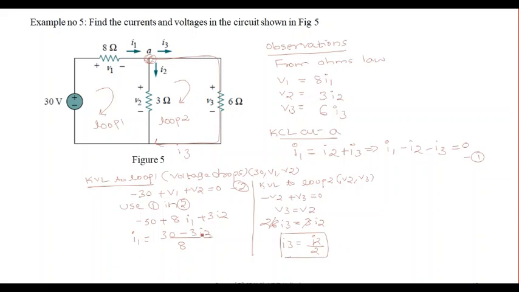Let me call this equation 3 and this one equation 4. Now using equations 3 and 4 in equation 1, I have defined I3 and I can get I1 from the third equation and I3 from the fourth equation.